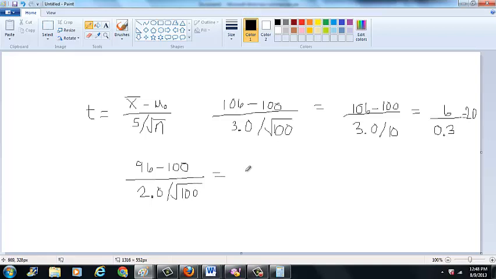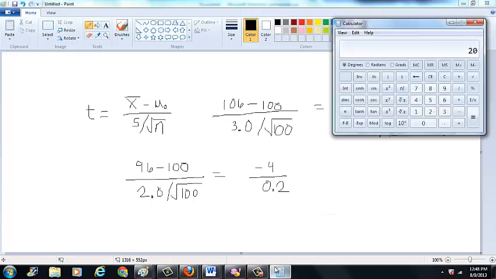We have the top is negative 4 because 96 minus 100 is negative 4. The bottom is 2 divided by 10, which is 0.2. Let's see what negative 4 divided by 0.2 equals. Comes out to 20 again.